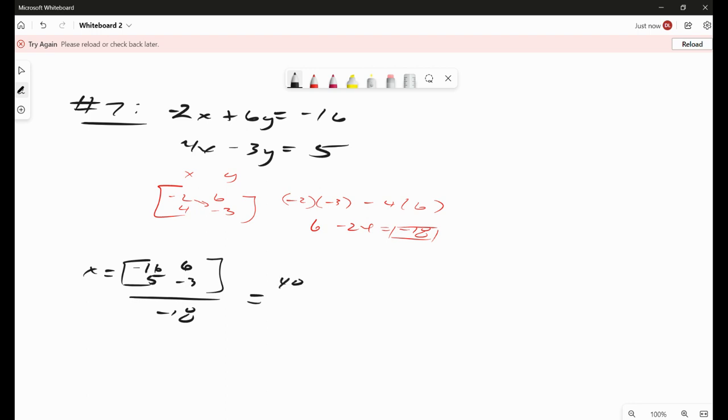We get 48 minus 30, over negative 18. 48 came from negative 3 times negative 16, and 30 is 5 times 6. So that is going to be 18 over negative 18, which is equal to negative 1. So we know that x is equal to negative 1. Okay, so we know that part, which is good.